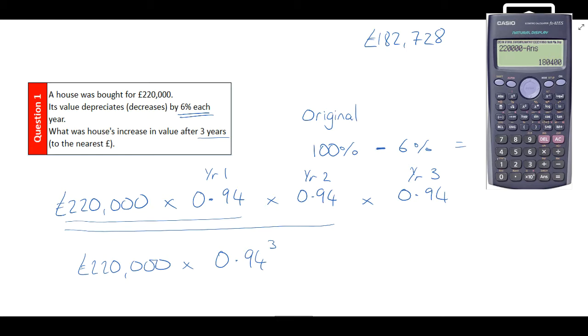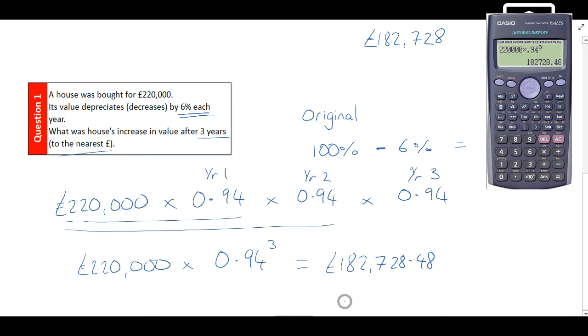So where's my mouse gone? 220,123 times 0.94, this to the power of button here, and then what we're going to do, oh sorry, that's 0.94, to the power of the number of years, press equals, 182,728.48.